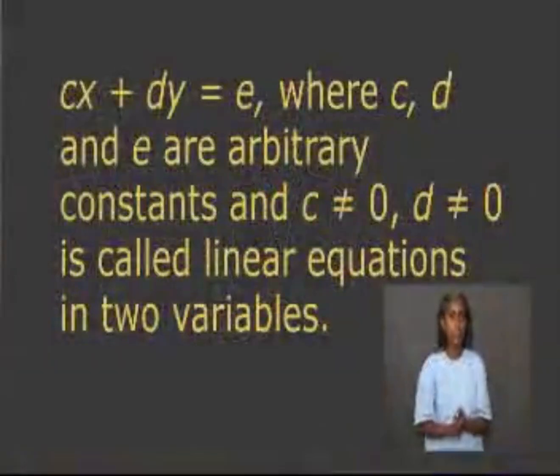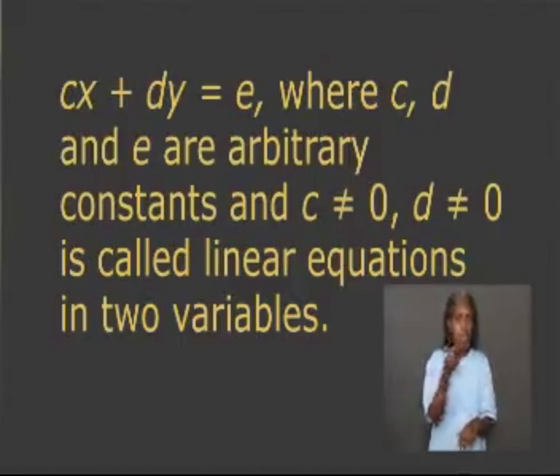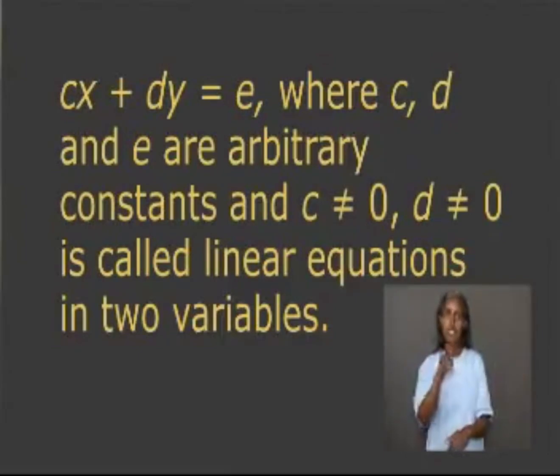An equation of the type c times x plus d times y equals e, where c, d, and e are arbitrary constants, and neither c nor d are equal to 0, is called a linear equation in two variables.